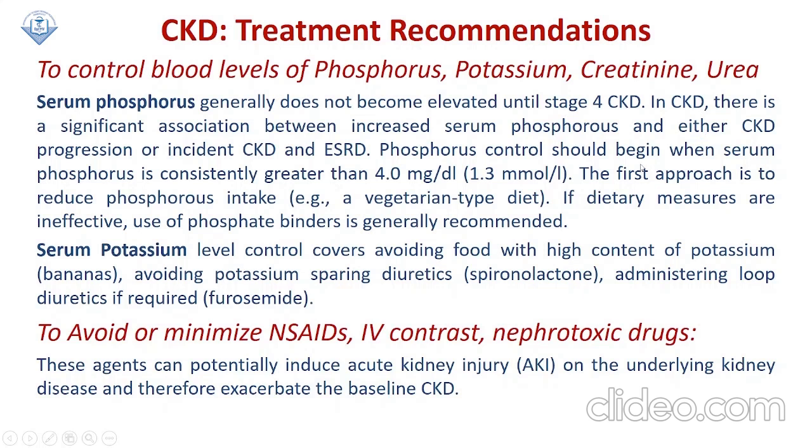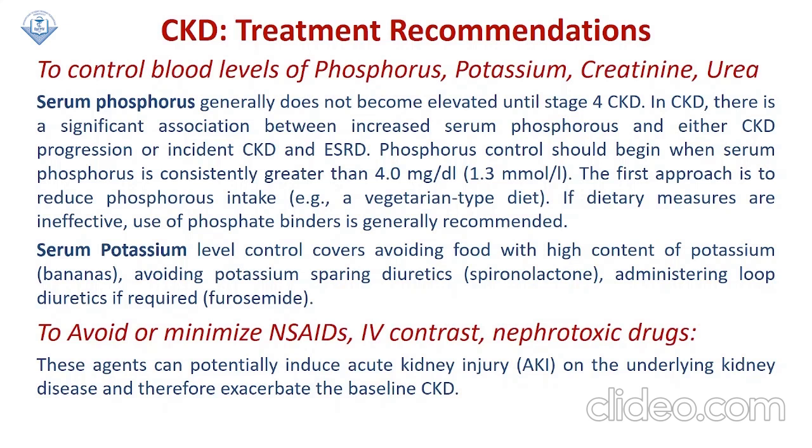And first of all, we must reduce phosphorus intake. For example, we use a vegetarian type diet, which doesn't contain it. Or we can use phosphate binders, which are recommended. Usually they are aluminum containing medications which bind phosphates, and the phosphate level decreases.